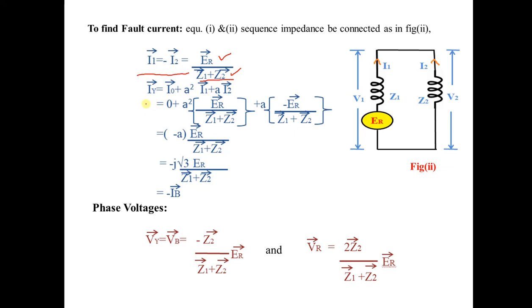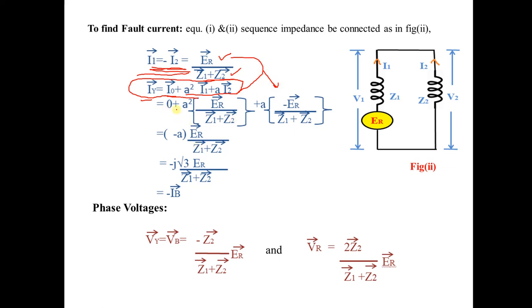For the fault current in Y phase, Iy equals I naught plus a square I1 plus a I2, which is the general term. I naught is 0 in the previous condition. I1 here is ER by Z1 plus Z2, and I2 is minus of ER by Z1 plus Z2, because I1 is equal to minus of I2, just substituting the values here.